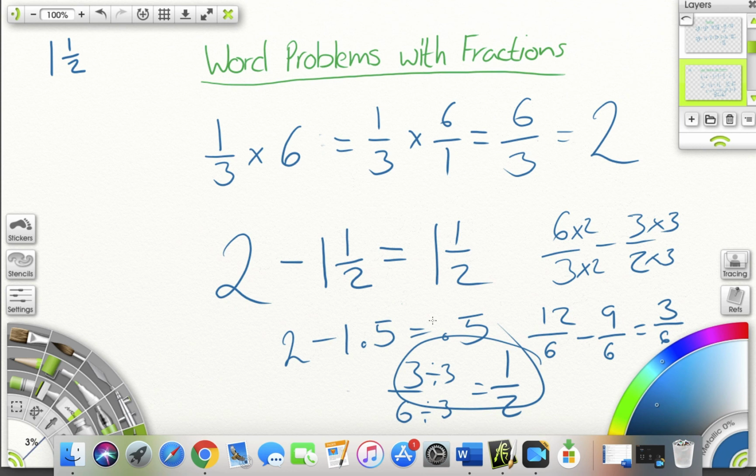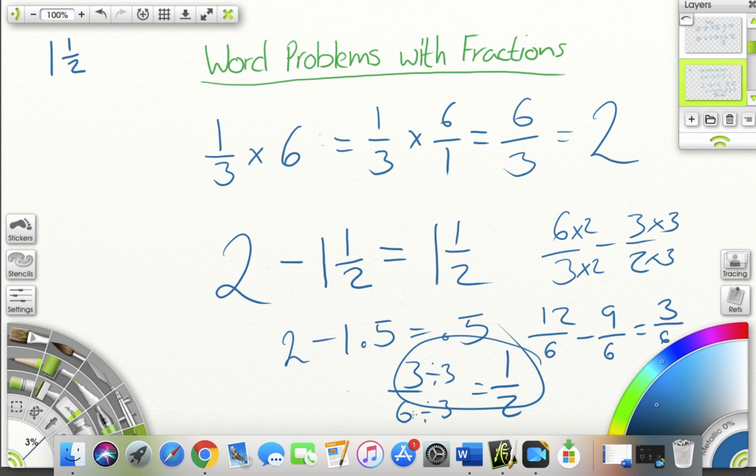So in this case, you have to judge your answers. Because if I were to reverse this problem that I did here, 2 minus 1/2, 1 1/2, if I did 1/2 plus 1/2, it would not equal 2. It would equal 3, or 3 wholes. So you have to kind of judge your answers by the way they look. The word problems you have are going to be fairly easy, so you should be able to judge visually and look at your answers to tell whether they seem right or not.